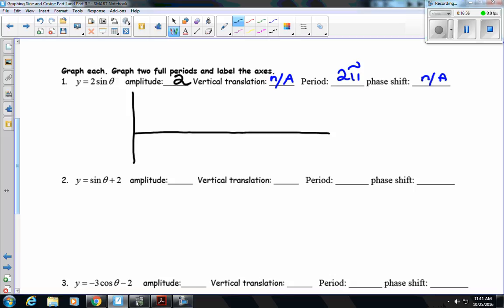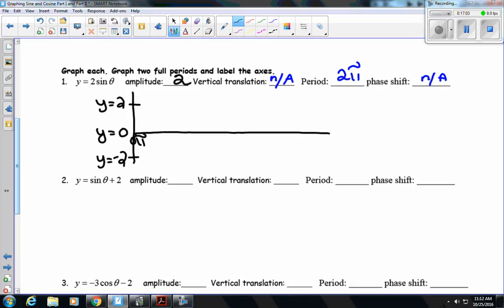All right. What is the midline? Y equals 0. What's the max? Y equals 2. What's the min? Y equals negative 2. No phase shift, so it starts at 0 pi.